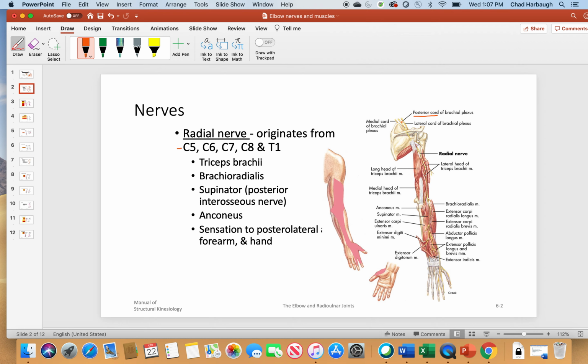It picks up the posterior cord. It's part of the posterior division. And it's going to terminate on its motor control on the triceps, the brachioradialis, portions of the supinator, the anconeus. It also does the sensation of the outside or posterior lateral forearm and the hand.